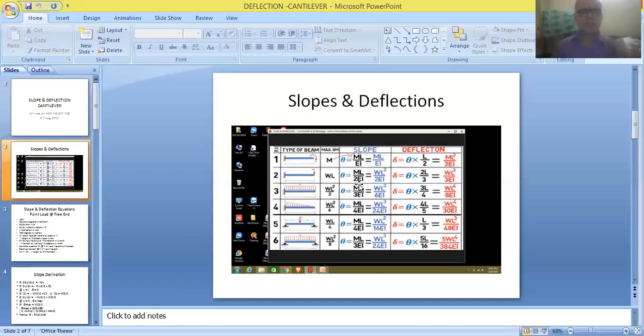And of course, the letter theta can be used for indicating the slope values of different beams. So friends, we find all the values are written in terms of theta. Theta has to be used for indicating the magnitude of the slope.